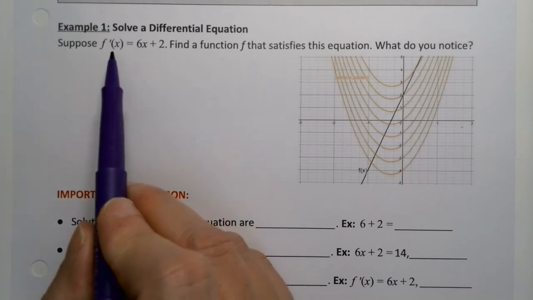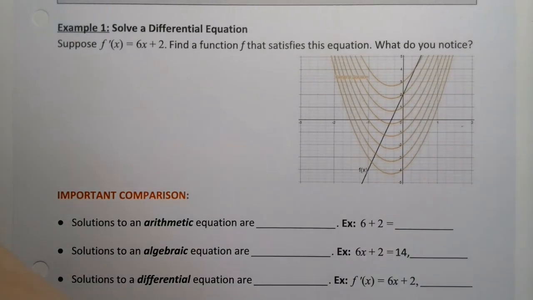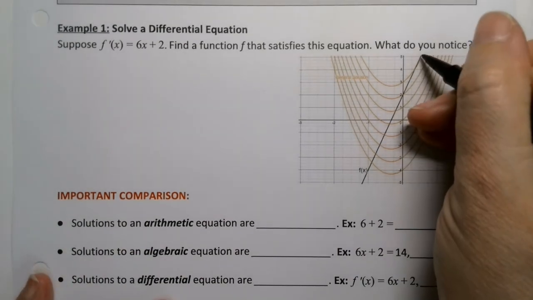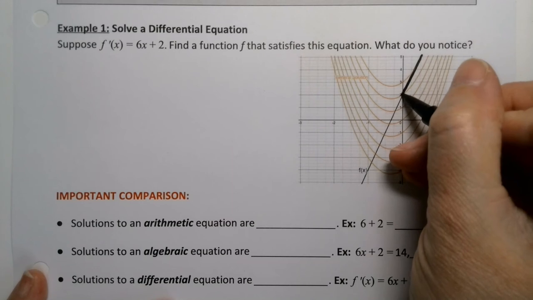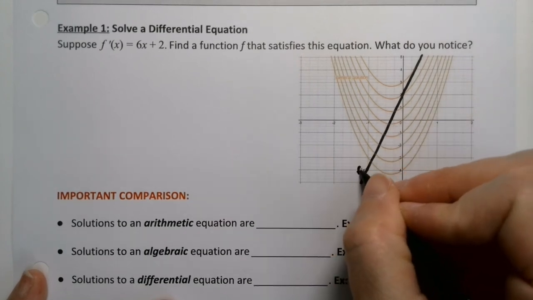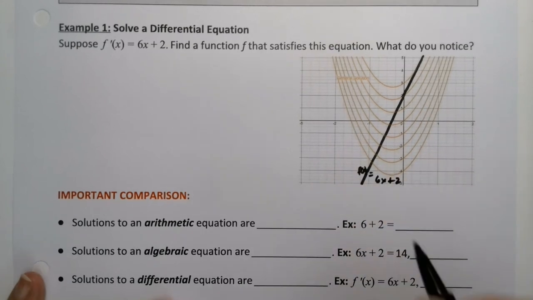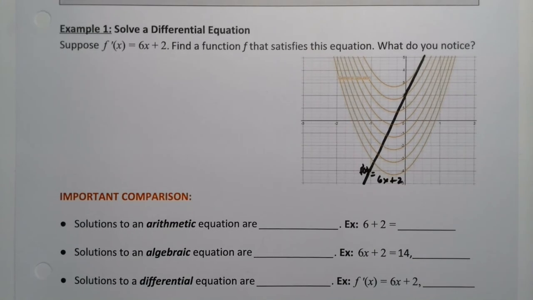I have f prime of x is equal to 6x plus 2, which is this line right here. So if you look, this line is f prime of x, which I labeled right there. So that's a derivative.